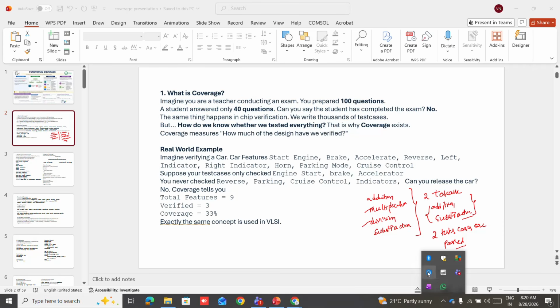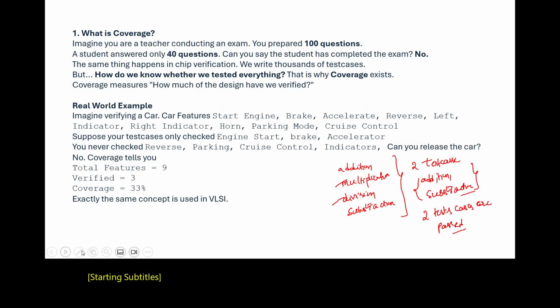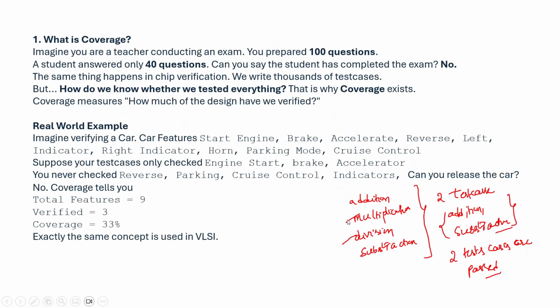So is your design 100% verified? No, right? Because you have not verified the multiplication and division test cases. So then how can you say that? This coverage will tell you.